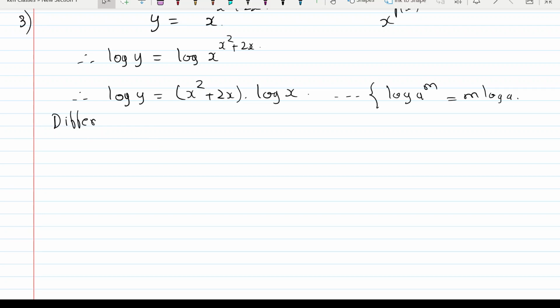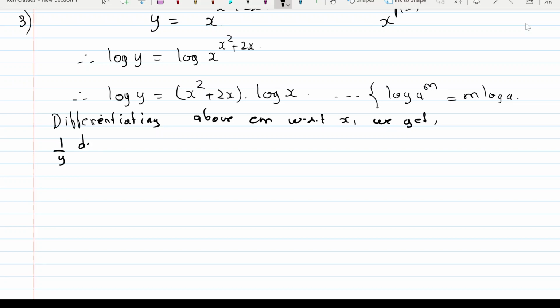So differentiating above equation, जब तक वो इधर से हैंग हो गया इसका. So differentiating above equation with respect to x, we get 1 upon y dy by dx is equal to d by dx of x square plus 2x into log x.